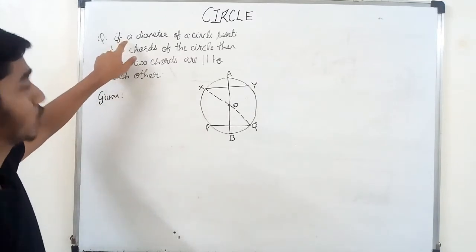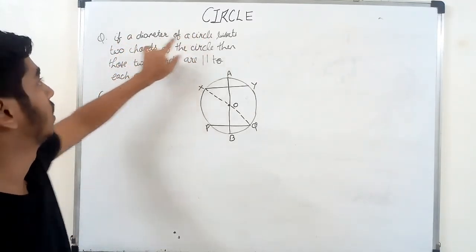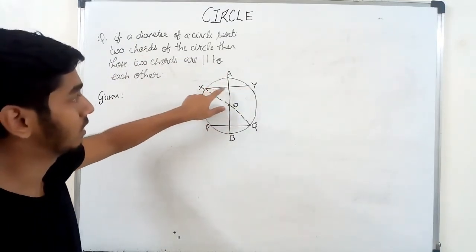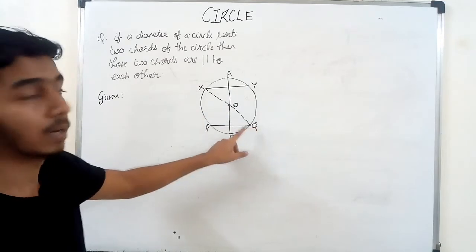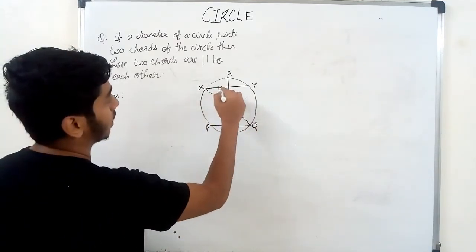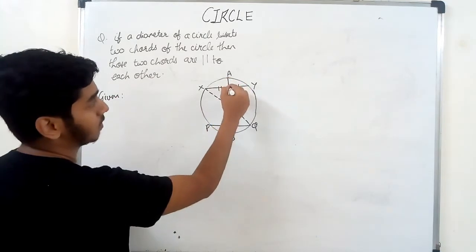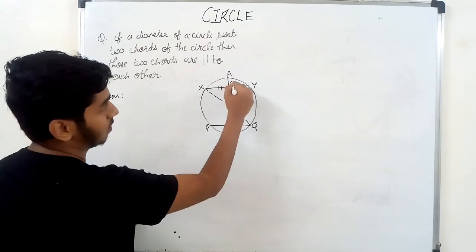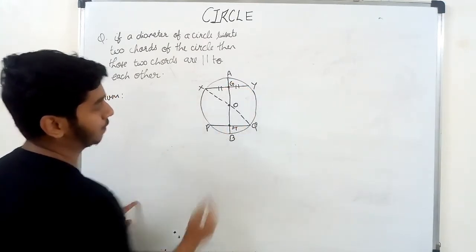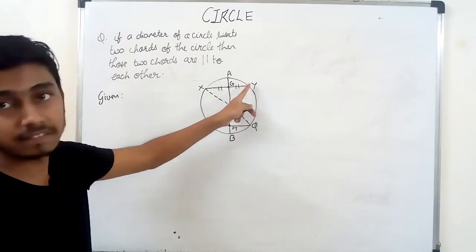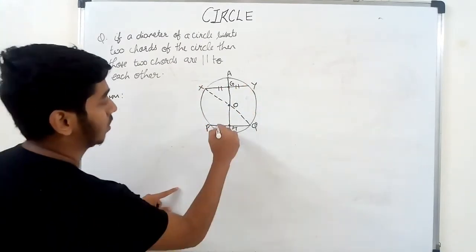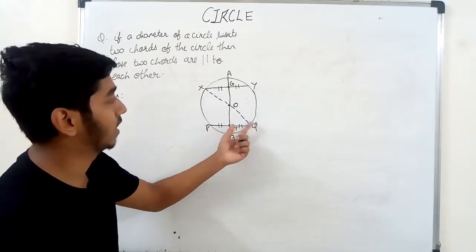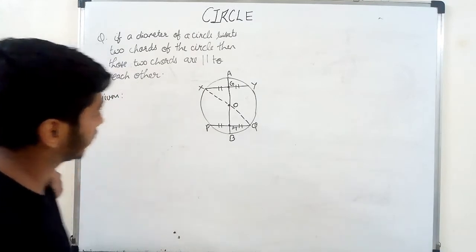So it says we have to show that if a diameter of a circle bisects two chords, so the diameter AB bisects two chords, see XY and PQ. Let's name this as G, this as H. So XG and GY, they are congruent, and here also PH and HQ, they both are congruent.